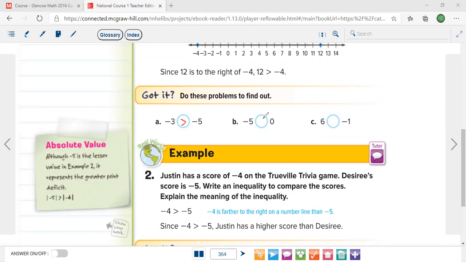Of course, 0 is bigger. Of course, 6 is bigger than negative 1. See how easy, everybody? Moving on.